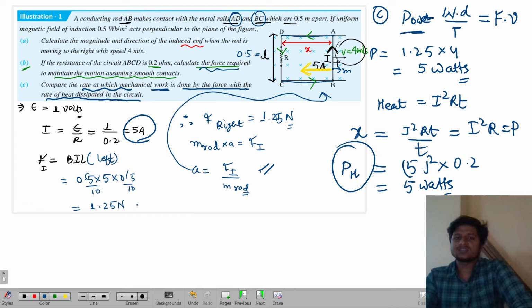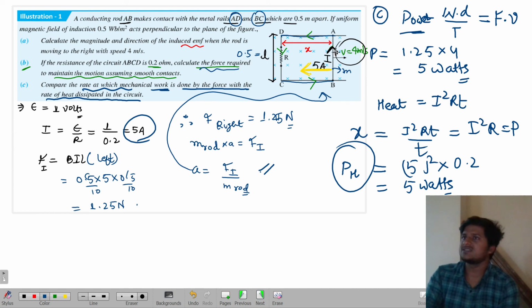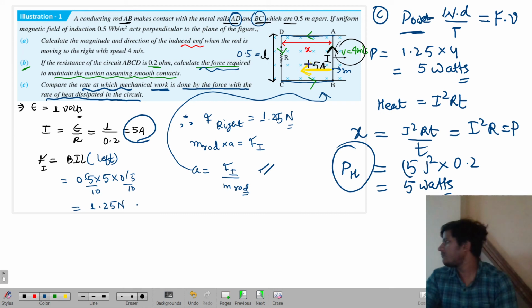Let's suppose this wire starts to move with a particular velocity of 4 meter per second. It is generating some current in it. For that current, it is also pulled by some kind of force towards the backside, but we need to pull it towards the right.